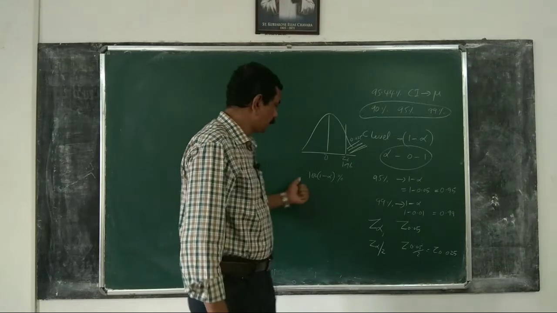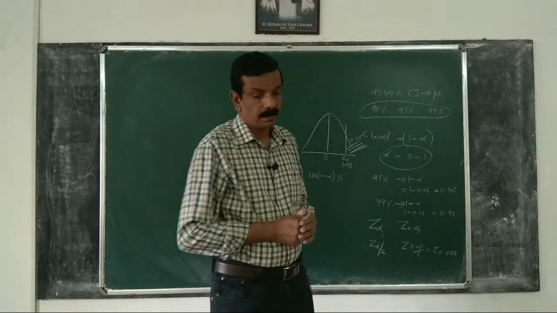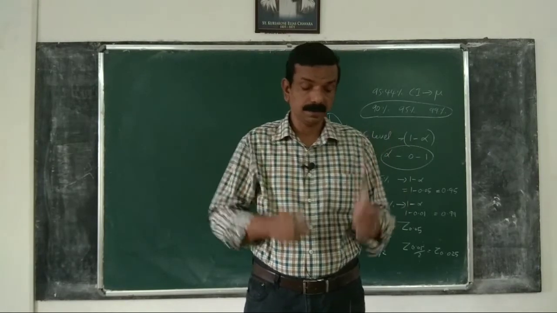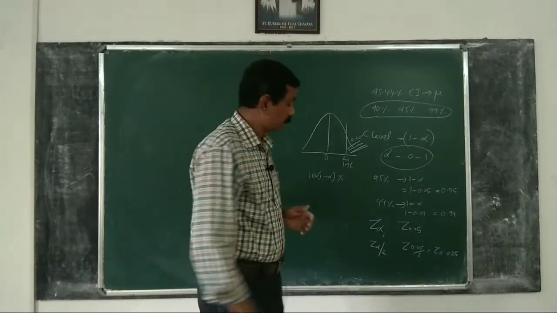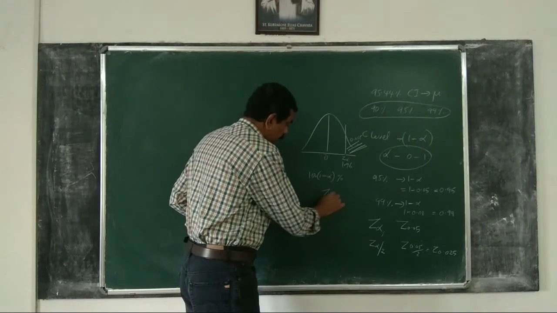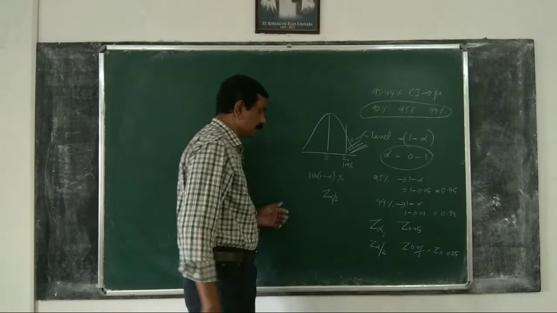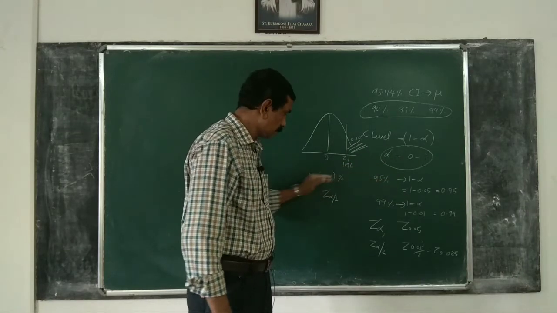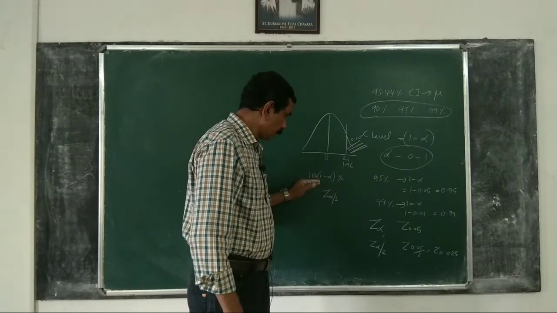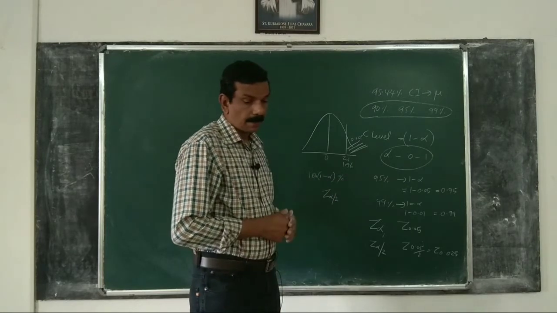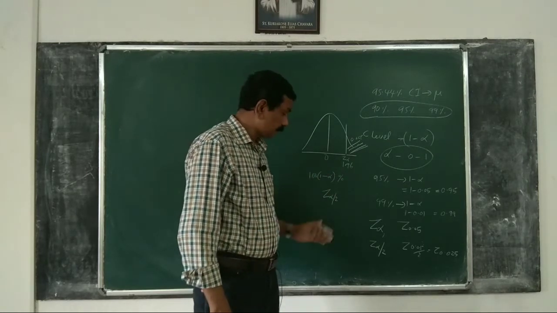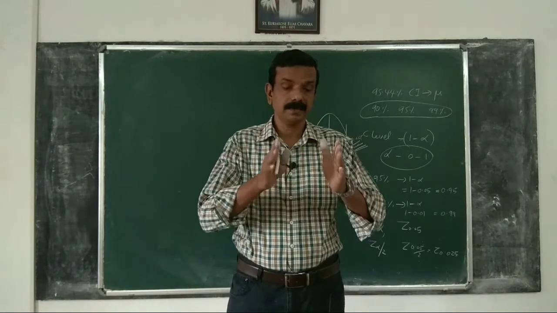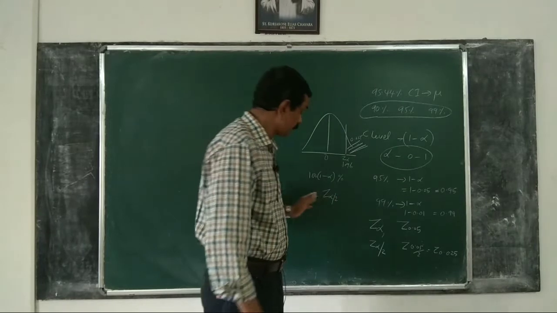Now, for any normally distributed random variable, 100 into 1 minus alpha percent of all possible observations lie within Z alpha by 2 standard deviations to either side of the mean.